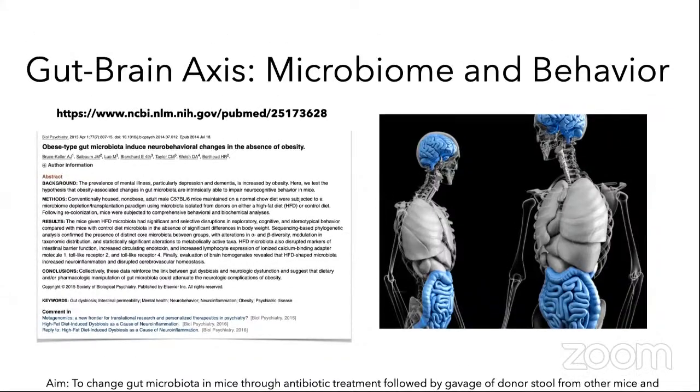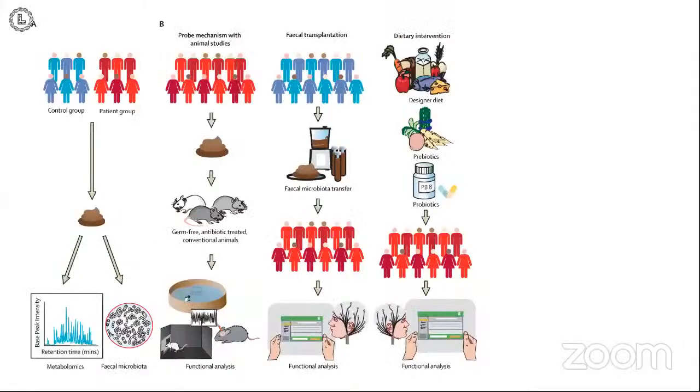So in animal models, what is useful is that we can study how distinctly a portion of this complex system, so just the microbiota, affects different types of behavior. So you can see here that even though we can get insights from patient data, in animal studies, we can design mechanistic studies that will really illustrate what is the role of the microbiome and how that applies to a variety of interventions.